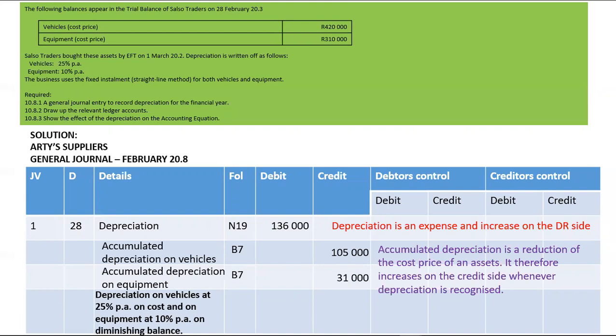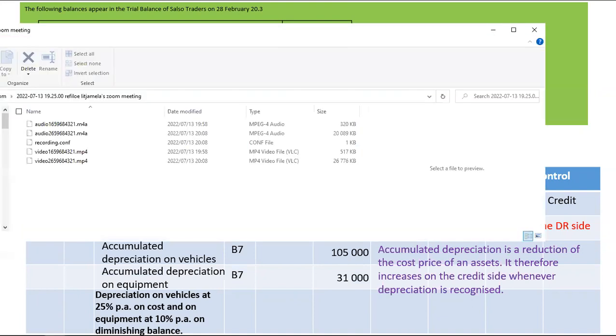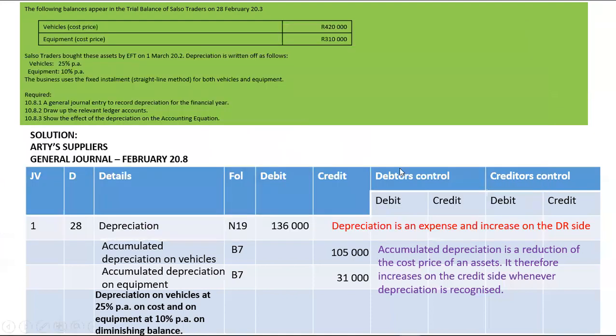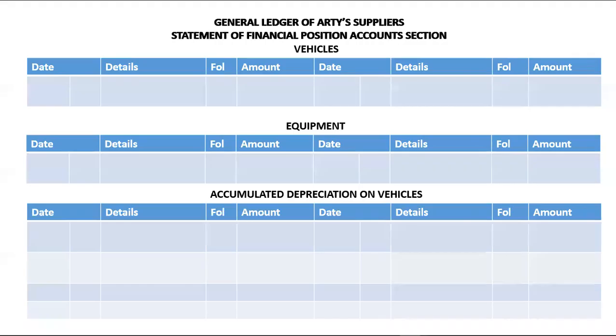In the general ledger, because both vehicles and equipment were new, they will not have a balance brought down. Instead, we're going to have bank as an account because we've just bought them for cash, via EFT.